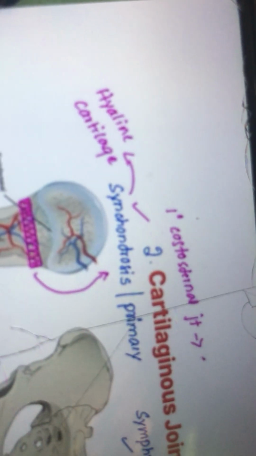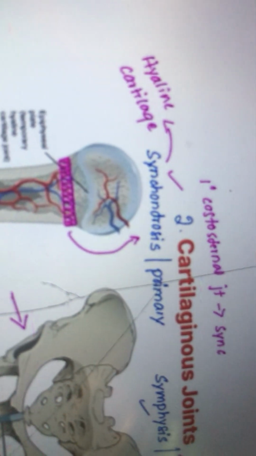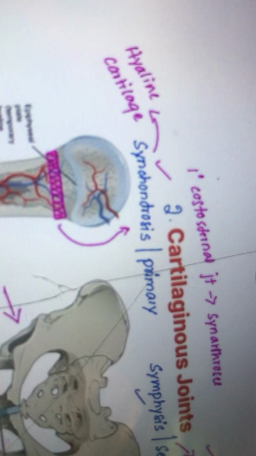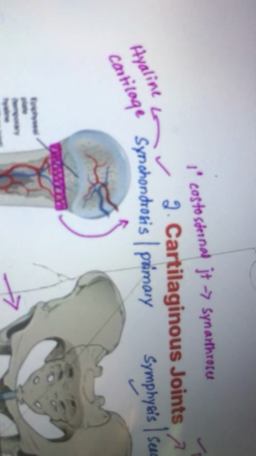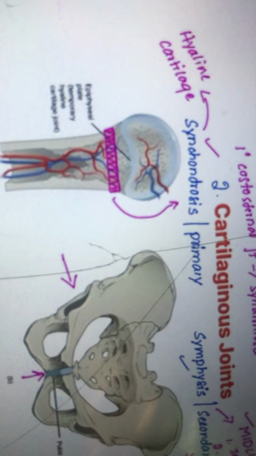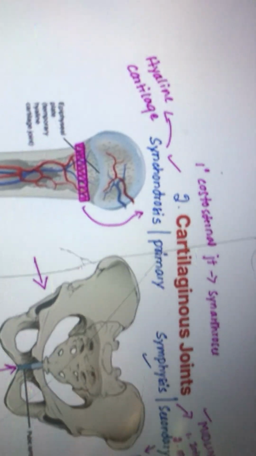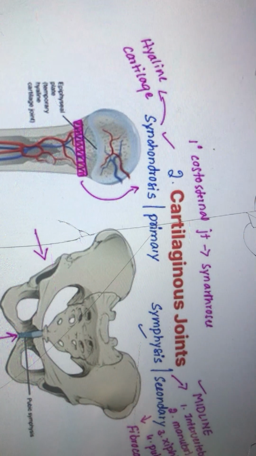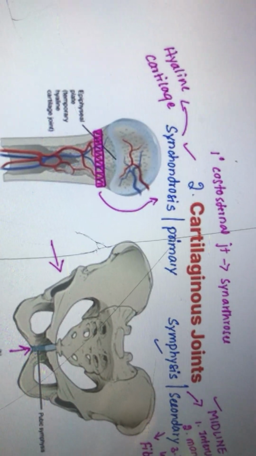The first costosternal or first chondrosternal joint is an example for synarthrosis. Right? It is not synchondrosis, but it is synarthrosis. Whereas the rest of the costosternal or chondrosternal joints are examples for synovial joints. Right? So this is regarding cartilaginous joints.